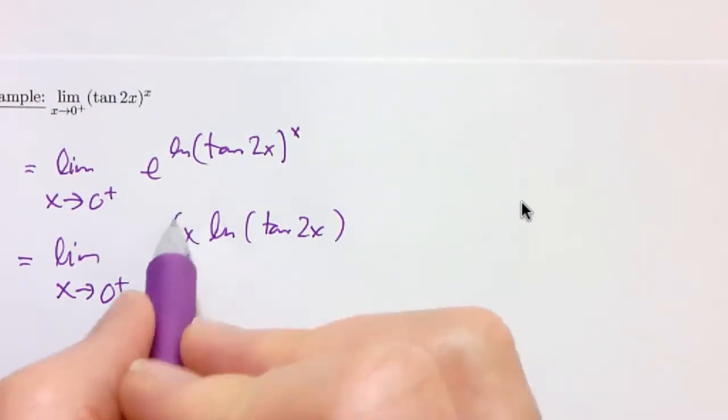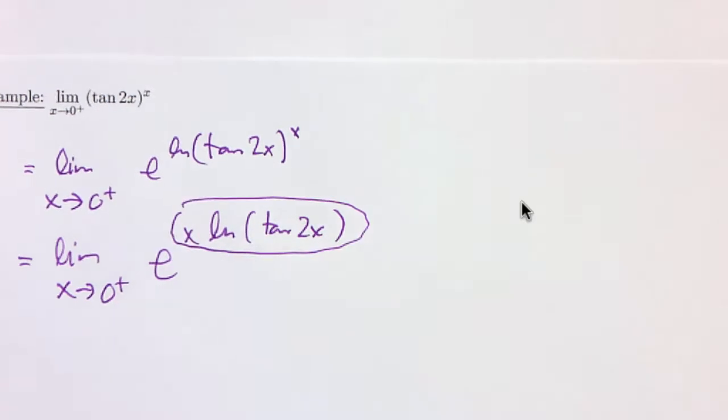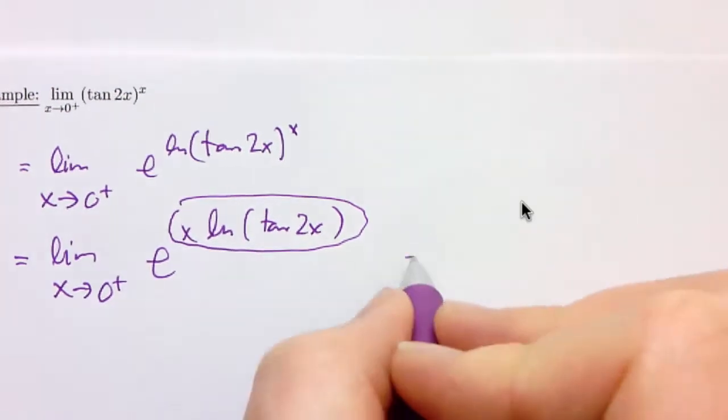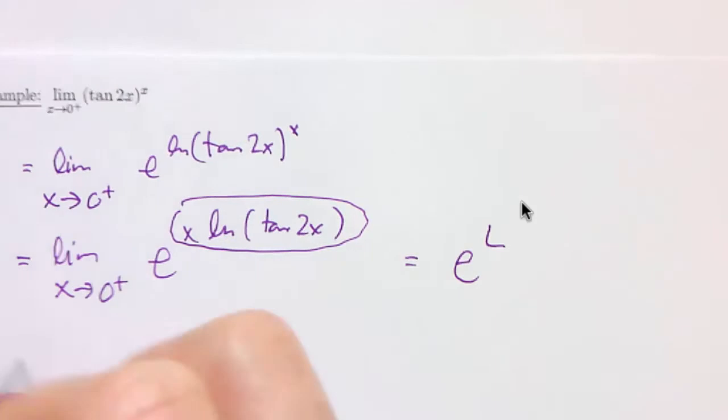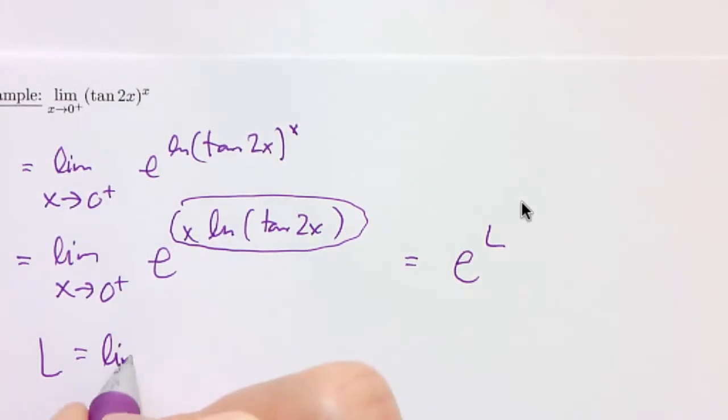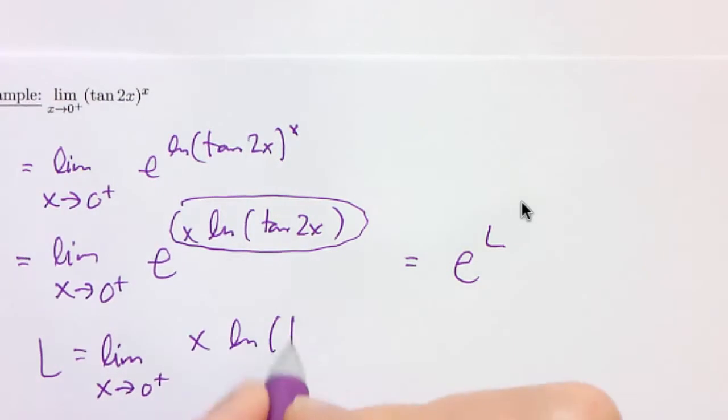Alright, so we need to understand what happens to this. Alright, so we'll just say that this is equal to e to the L, where L is equal to the limit as x goes to 0 from the right of x natural log of tangent 2x.